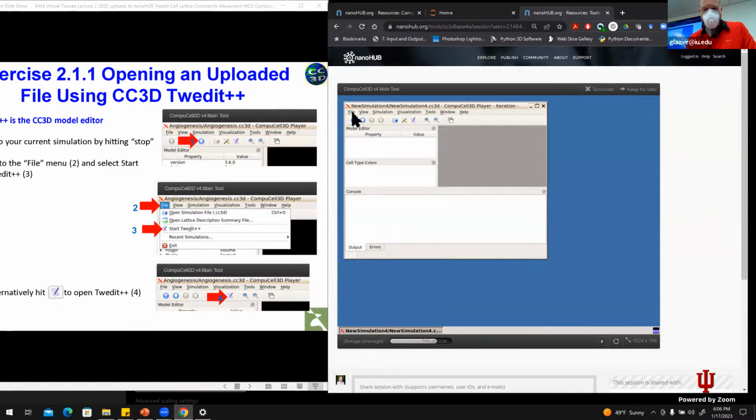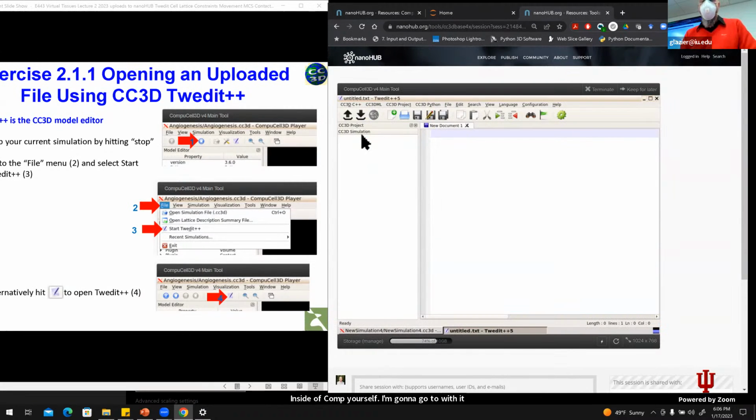Inside of CompuCell, I'm going to go to Twit, start Twit. People seeing this all right on the screen share?